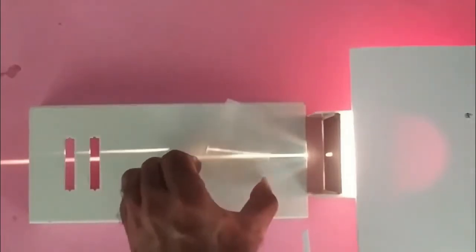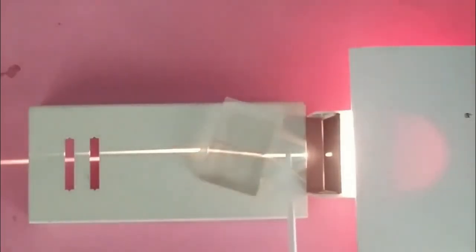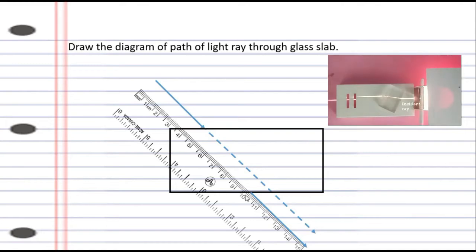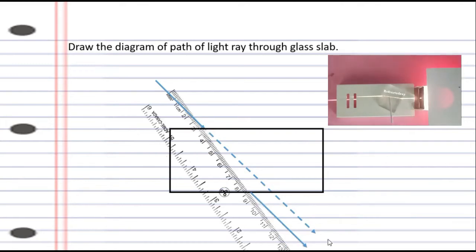In one medium it goes straight, but in the glass medium, while entering, it bends, as you see on the screen. The ray which is going out of the glass slab will move parallel to the direction of the incident ray, that is, the ray which first struck the glass slab. So you can see the ray which is going out, that is the emergent ray, is parallel to the direction of the incident ray.